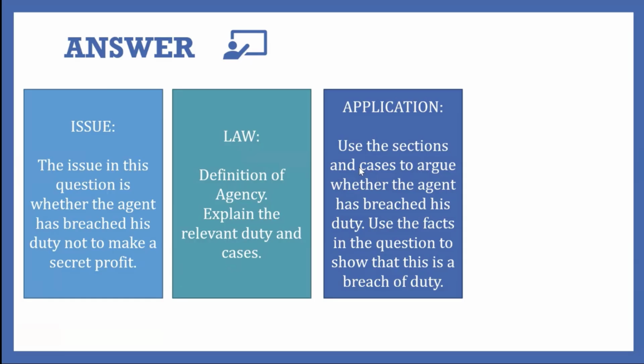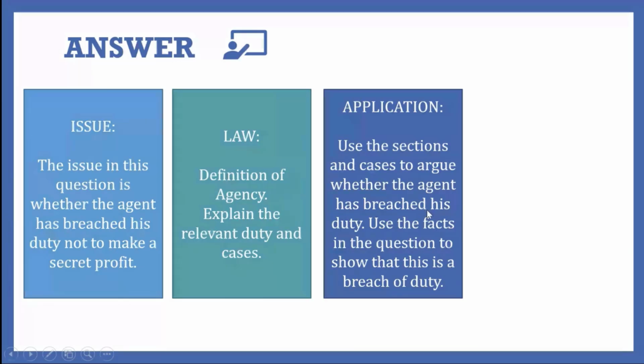So you've got to know that if it's not coming from the principal, then this is a secret profit, and the principal can disapprove of it. So you've got to use the cases and the sections to show in the question that this is a secret profit, therefore the principal can take whatever actions.